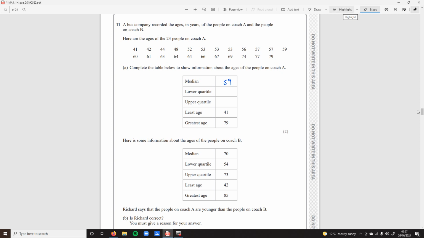Okay, the lower quartile is like 23 divided by 4. It's like n plus 1 divided by 4. I think it's the sixth one. 1, 2, 3, 4, 5, 6, 53. And then the upper quartile is 3n plus 1 divided by 4.